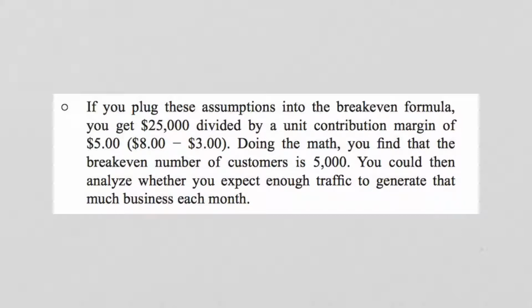Get the price by average customer, and you can put this in the form of sales versus number of customers. We're going to look at the break-even number of customers, which is 5,000, because if it's a $5 contribution margin per customer, and we have $25,000 that we've got to cover, 5 times the 5,000 will give us the amount to cover the overhead, and we break even.